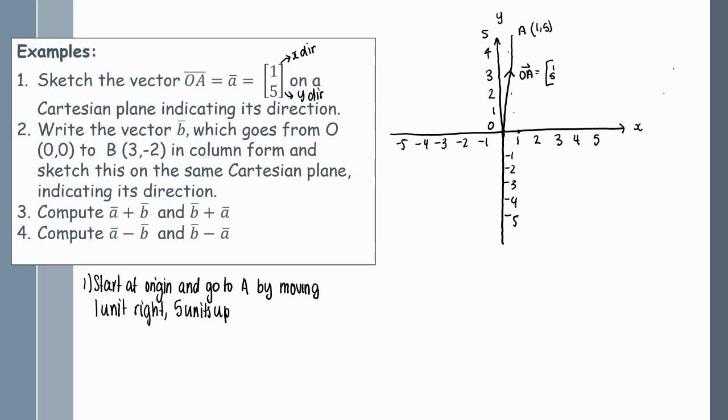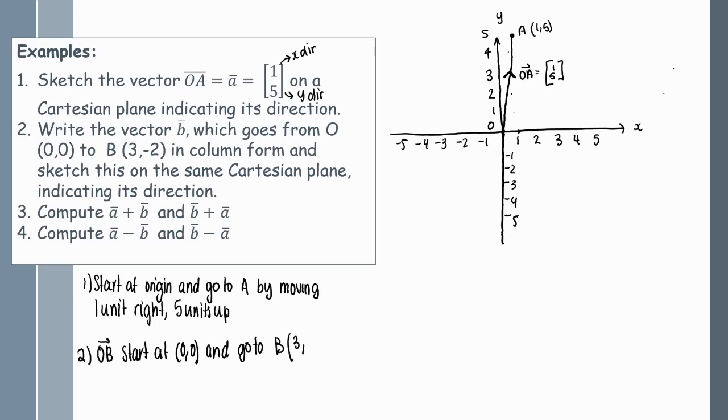Part 2, write the vector little b, which goes from the origin to the point B, 3, minus 2, in column form, and sketch this on the same Cartesian plane, indicating its direction. So again, to write it as a column vector, first component, think about the change in the x direction.